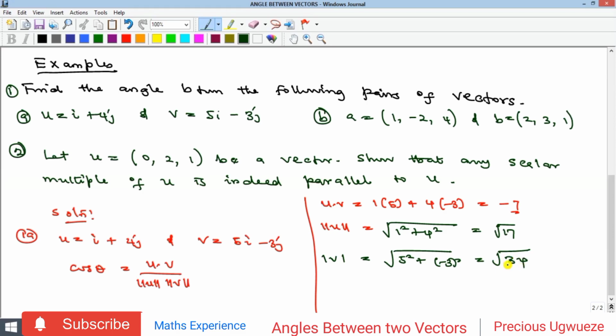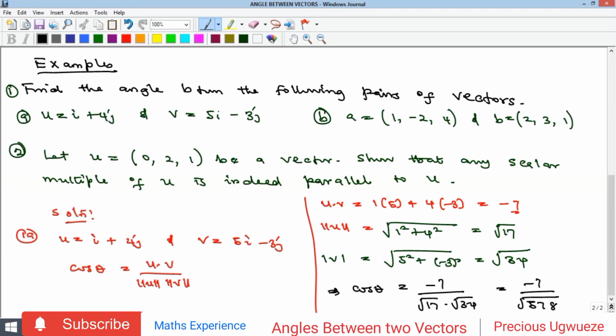Having gotten that, our cos theta is equal to minus 7 all over the root of 17 times the root of 34, which is minus 7 all over the root of 17 multiplied by 34. 17 times 34 is 578.